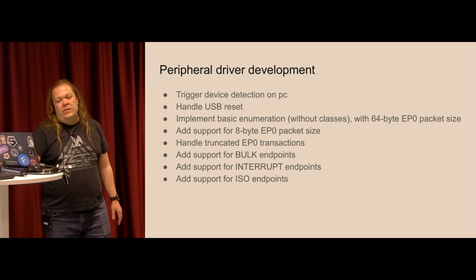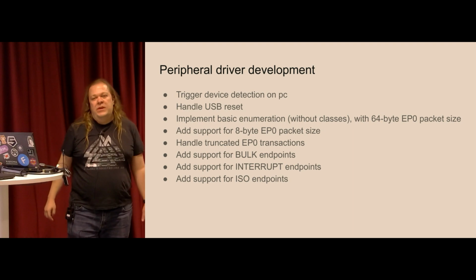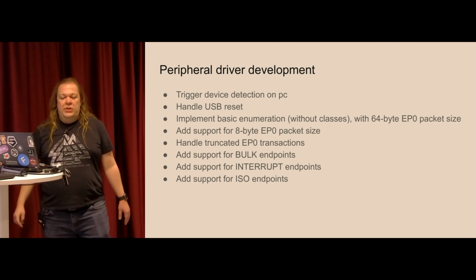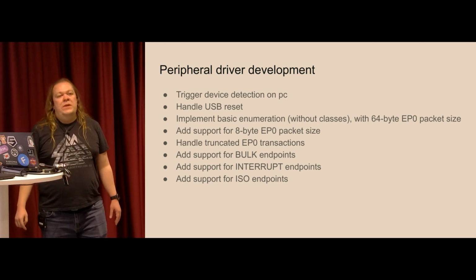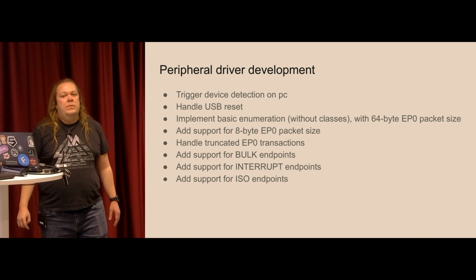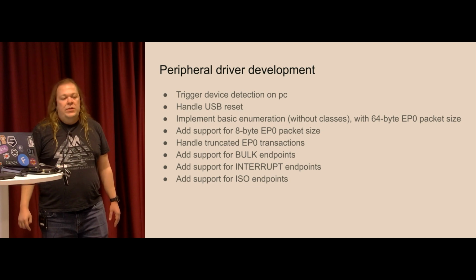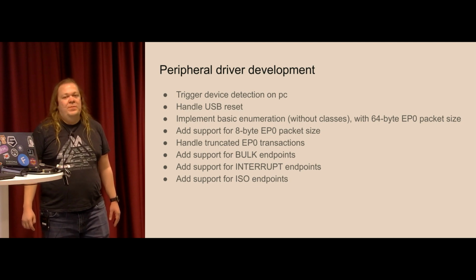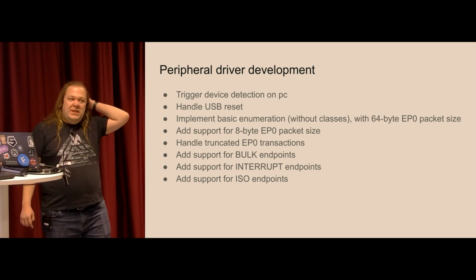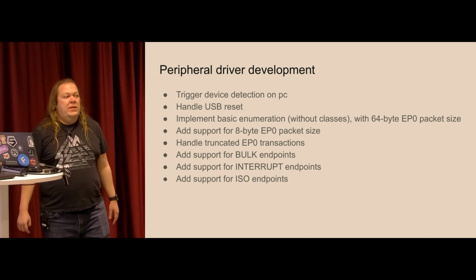And then when the control endpoints are more or less implemented, you can start to implement all the other endpoint types. They're a bit different, so some type-specific implementation may be needed. And for isochronous endpoints, some complex synchronization may be needed as well, but this probably lives in a class implementation.